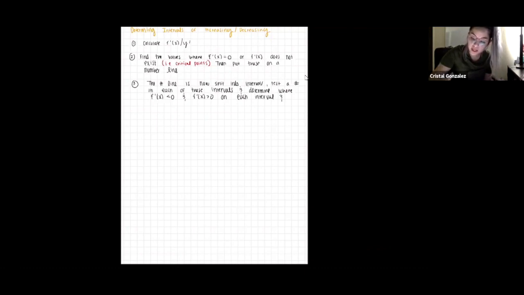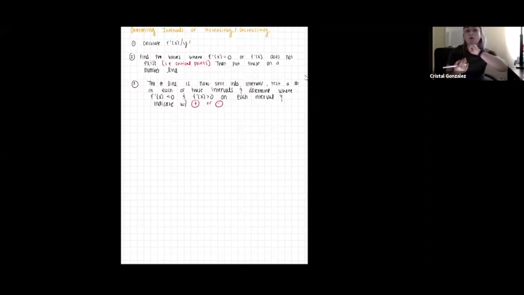And we will indicate with positive or negative. Okay, so that's kind of weird, but just go ahead and write that down. Again, this will make a lot more sense once we jump into an example.